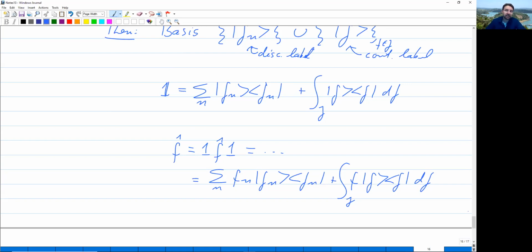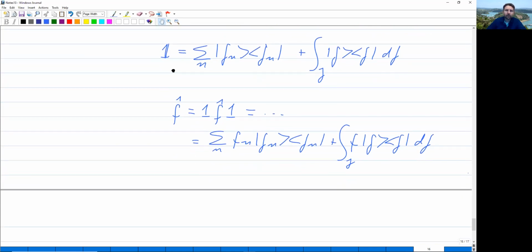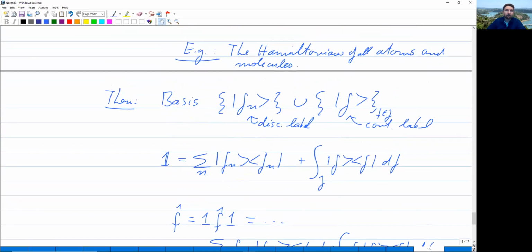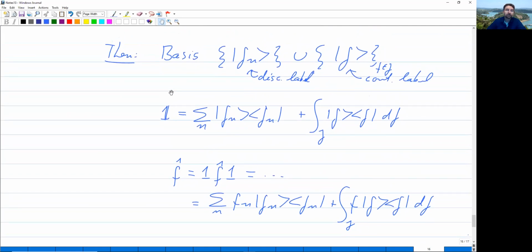When the label is continuous, then diagonality is a rather non-trivial concept, and we will have to come back to that later on. Okay, so this is the generic case, case 3, where we have both a point spectrum and a continuous spectrum.